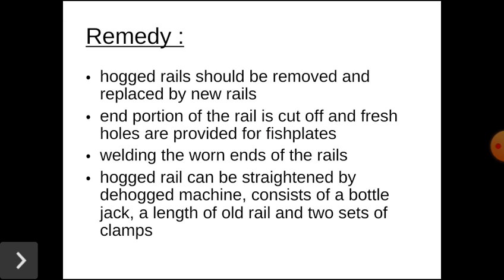Next, the end portion of the rail is cut off and fresh holes are provided for fish plates, or the ends of the rails are welded. Also a hogged rail can be straightened by a dehogging machine, consisting of a bottle jack, a length of old rail, and two sets of clamps. By using any one of these methods, we can take remedial measures for hogged rails.